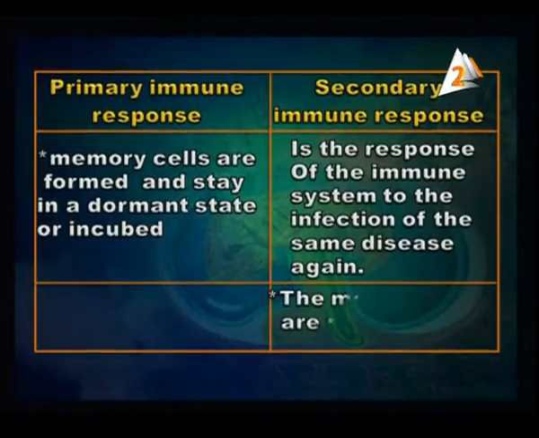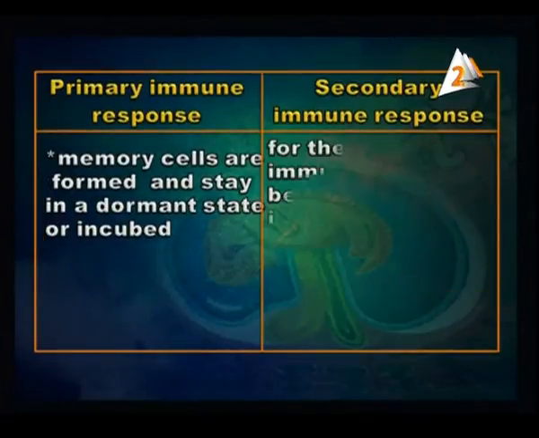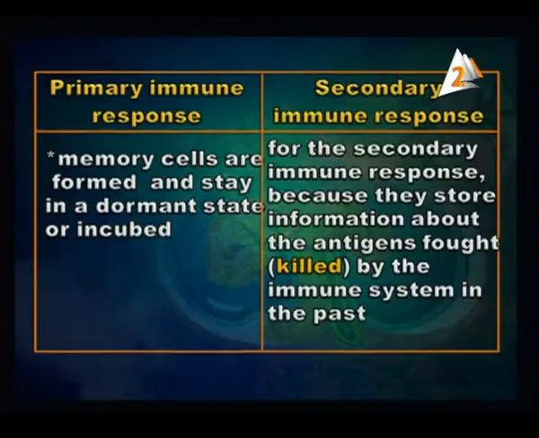For the secondary immune response, the memory cells are responsible, because they store information about the antigen fought or killed by the immune system in the past.